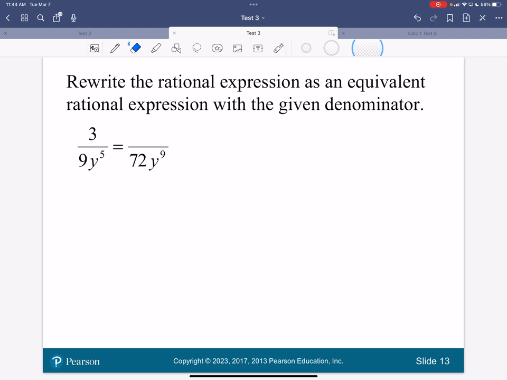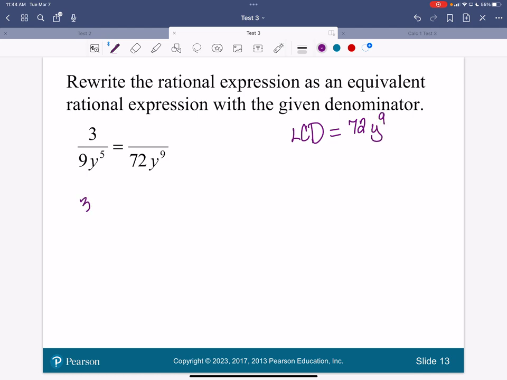Now, what we're looking at right now is that my LCD is going to be 72y to the 9th. So that's my LCD. And they gave us that. We're not looking at two different fractions. They told us that this is what we're going to do.